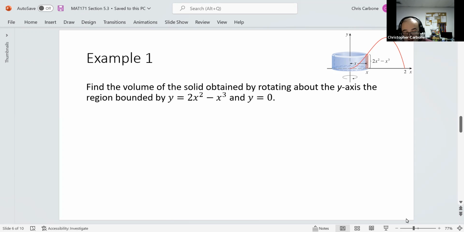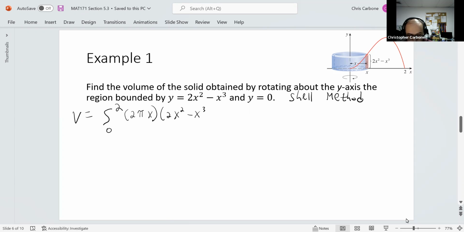Based upon the shell method, this will be V equals the integral from 0 to 2 of 2 pi x times (2x squared minus x cubed) dx.